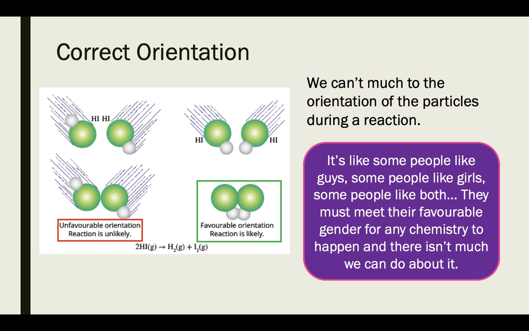In particles, that will be favorable orientation for any chemistry to happen. And there really isn't much that we can do to change the preference of people. You're born with it, there's nothing that we can do to change it, just like we can't change the orientation of particles colliding into each other.